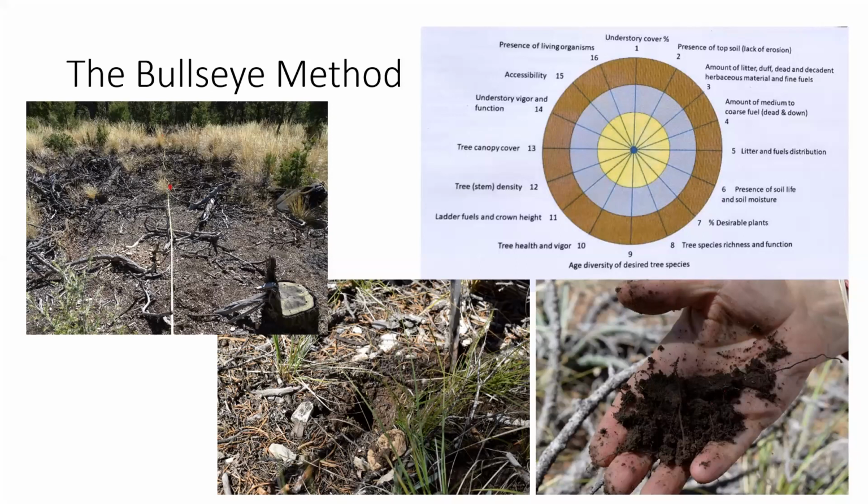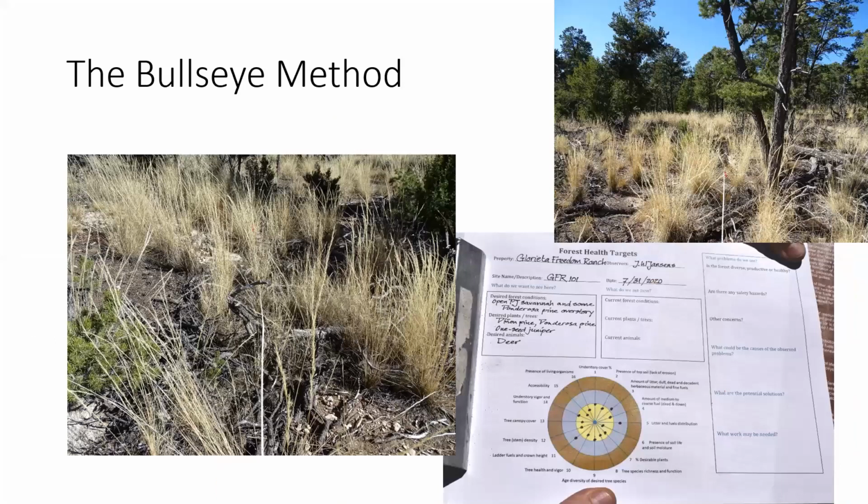So that then eventually leads to identifying for each of those indicators how you're doing and the scoring of them on that bullseye. And you put a dot in the gold, the silver, or the bronze for each of those indicators.